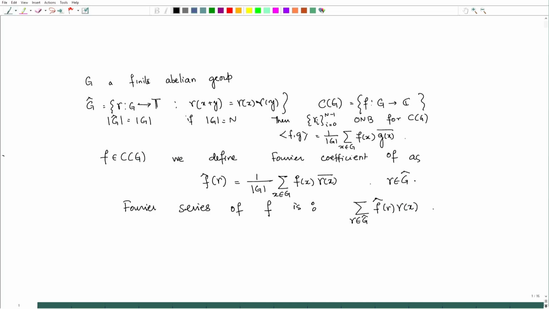What does the inversion formula say? From our previous experience, we would expect that f of x is equal to summation over gamma varying over G hat, f hat at gamma, gamma of x.